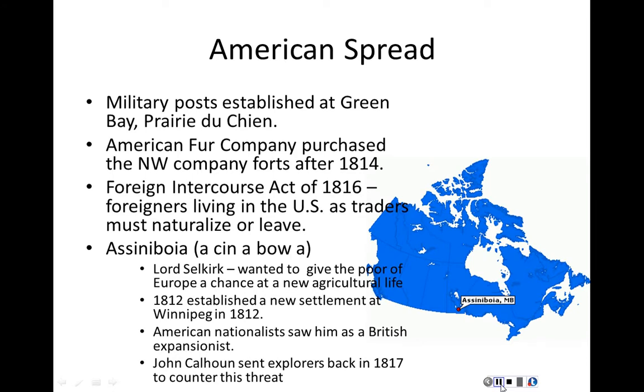And Winnipeg is established as this bright idea, as a British base for the area. So Assiniboia is a settlement that comes out of this, and because of that, the U.S.